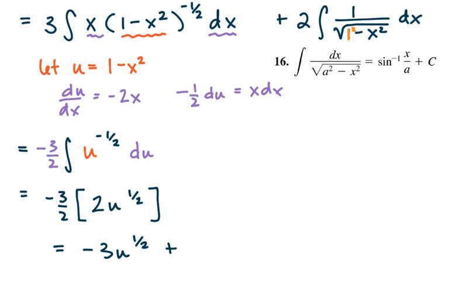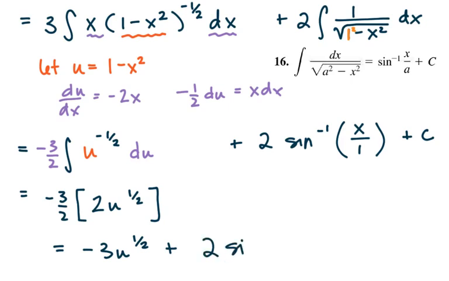So what this integral looks like is I have plus, pulling that down right here, 2, and using my table, that is sine inverse of x over my a value, which is 1. And of course, we're going to have our plus c at the end. So I've got 2 sine inverse, it just simplifies to x plus c.